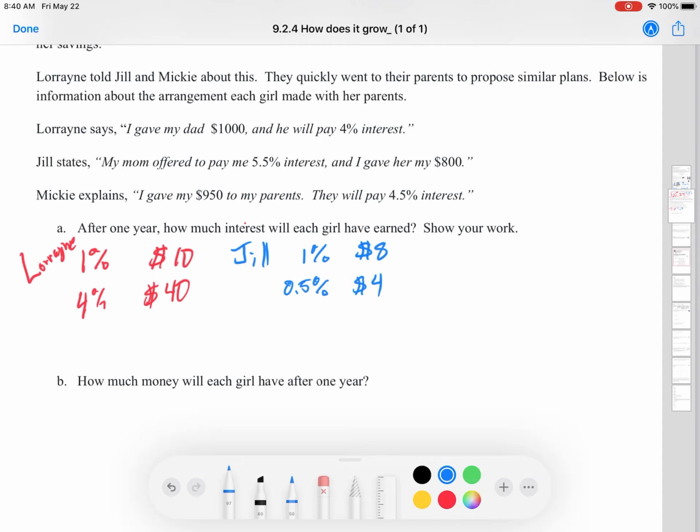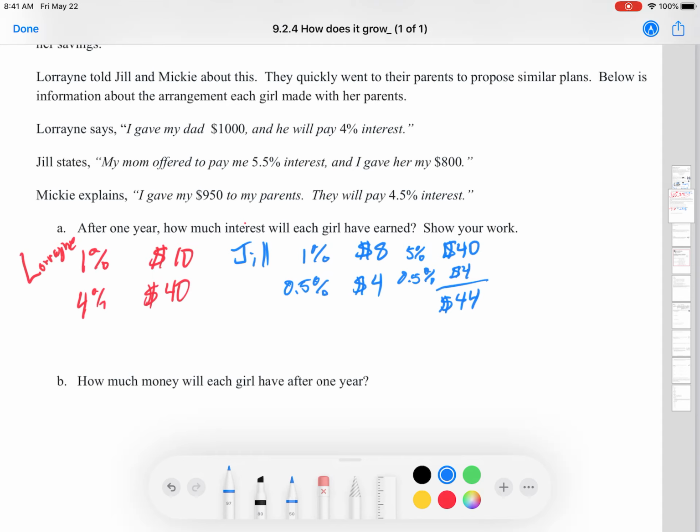So now 5% plus 0.5%, that's what we're going to do. 5% is $40, and the 0.5% is $4, right? So Jill has $44. Better deal, huh? Well, better percent at least.